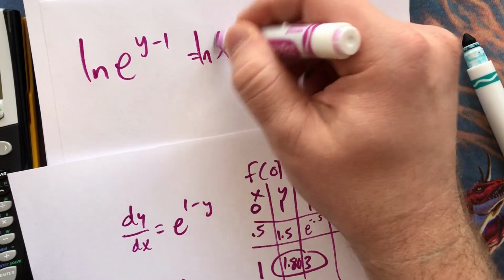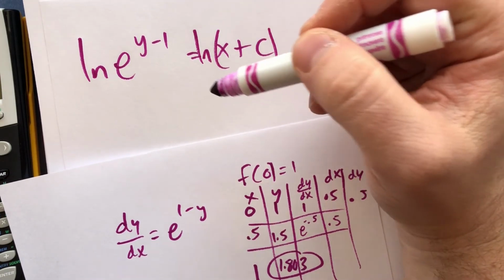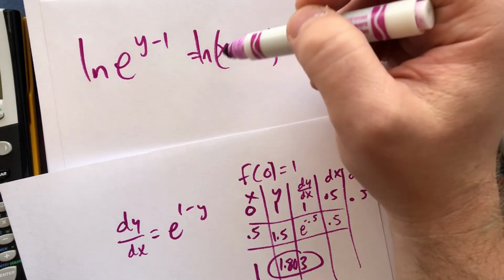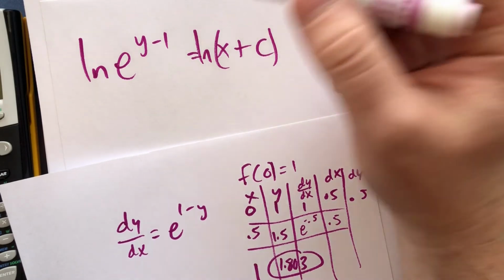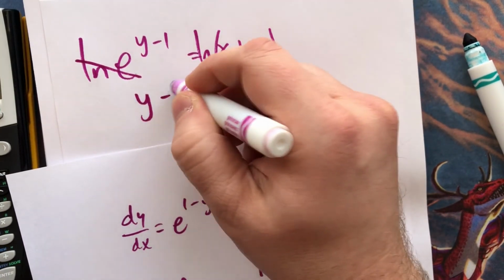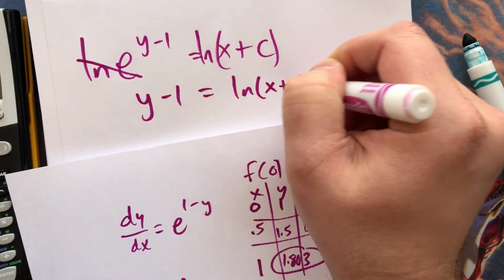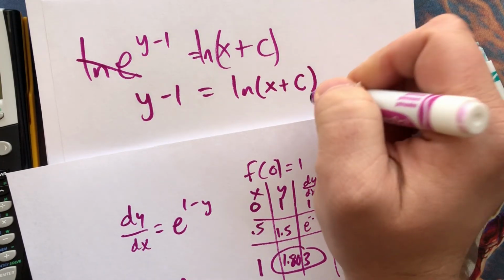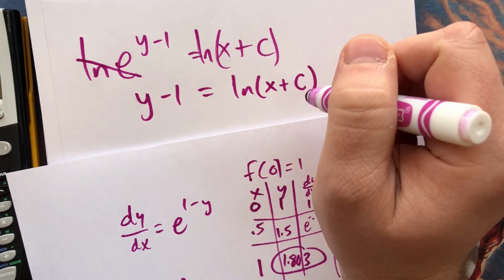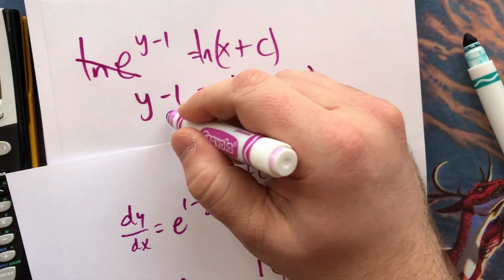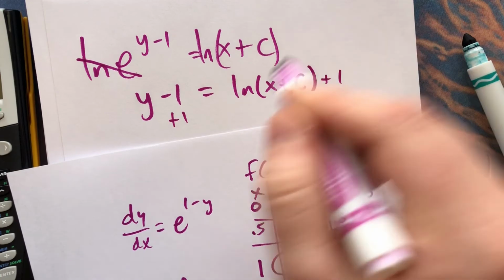So I'll ln both sides. Notice how when it was ln, we e'd both sides. Now that it's e, we ln both sides. It cancels out, and we get y minus 1 is equal to ln of x plus c. This I don't have a fun little trick to do, so it's going to be stuck.